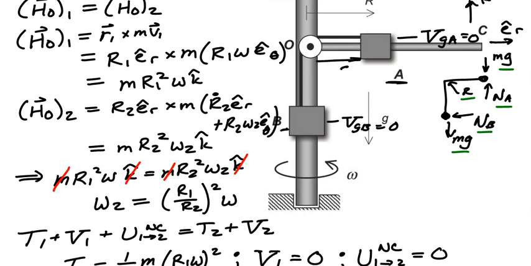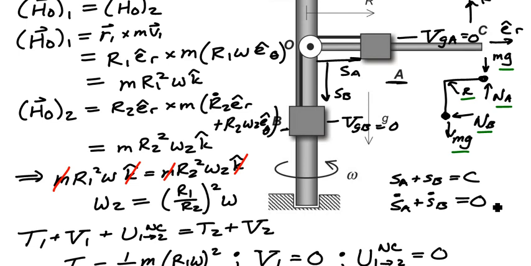Namely, if we called this a distance SA and this a distance here SB, what I could say is that SA plus SB is equal to a constant, which tells me that SA dot plus SB dot is equal to 0. The key thing here is that this does not account for the rotation of block A, only the translation out. And so what this means is that R2 dot of block A plus R2 dot of block B has to equal, in this case, 0.